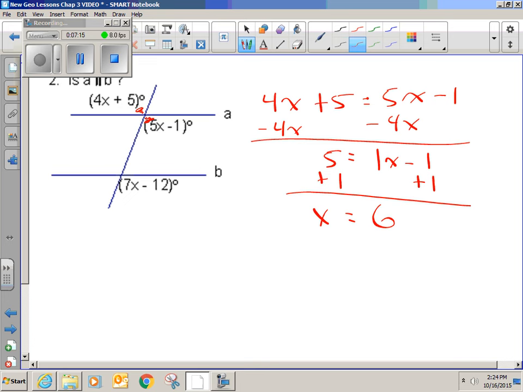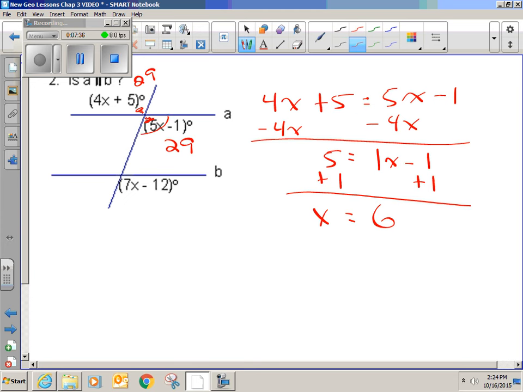Well, if x is 6, I now know that the value of this angle is 29. 5 times 6 is 30 minus 1. This angle, of course, is going to be the same thing. 4x plus 5 is 29. 4 times 6 is 24 plus 5.